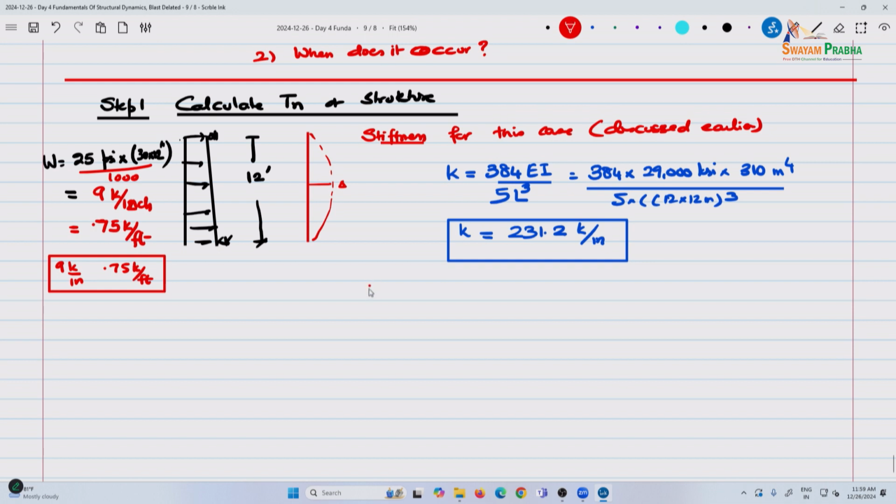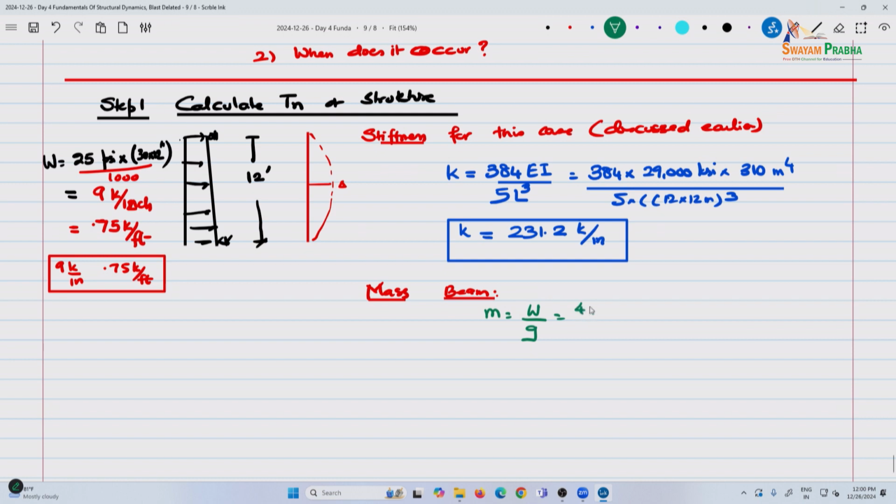Then the mass, here is an interesting concept. So, let us start with the beam. So, the mass in this case is W by g.